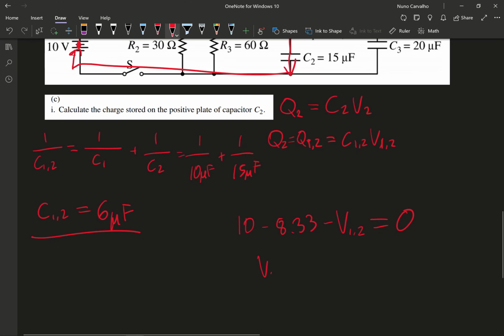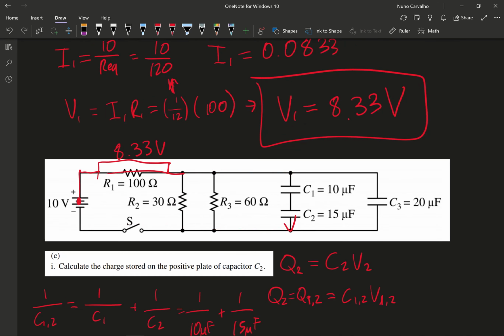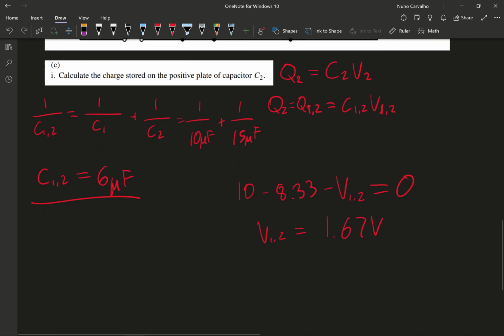So you'll be able to very quickly see that V1,2 is just going to be equal to 1.67 volts. And this, again, should make sense. The voltage drop across every resistor here, or every set of capacitors, and also these resistors here, is going to be 1.67 because they're all in parallel. So now we have our two pieces of information. Going back to this, Q2 is equal to Q1,2.